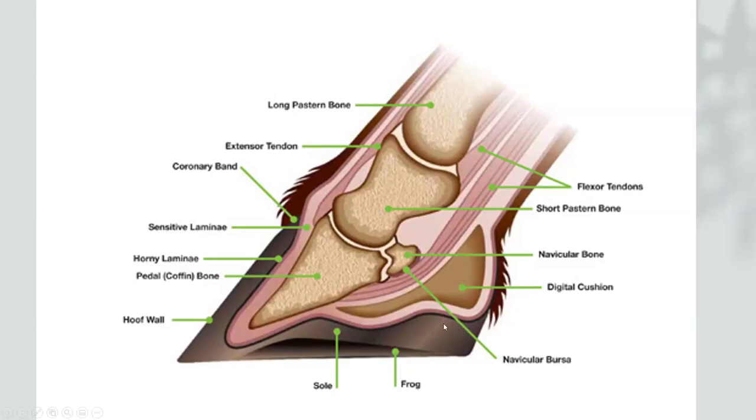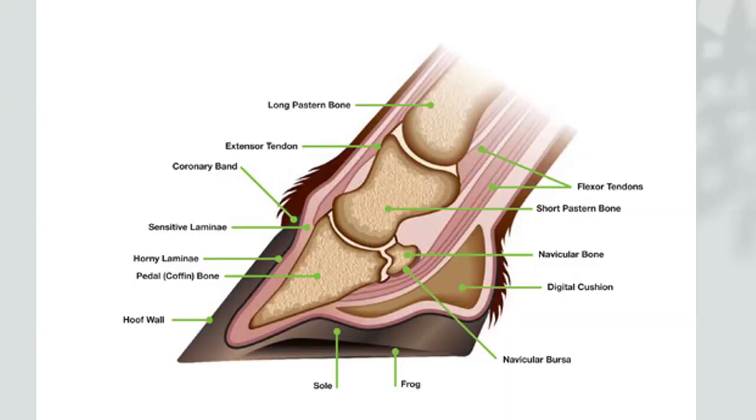It also helps with our frog anatomy. So our frog is here at the bottom. What's the main function of the frog? It acts as a pump. Excellent. So it doesn't rivet, but it's supposed to pump the blood back up the leg. As that horse puts weight down, the digital cushion absorbs the shock, and then the frog can help pump the blood back up that horse's leg.